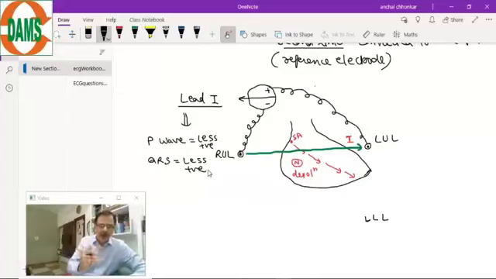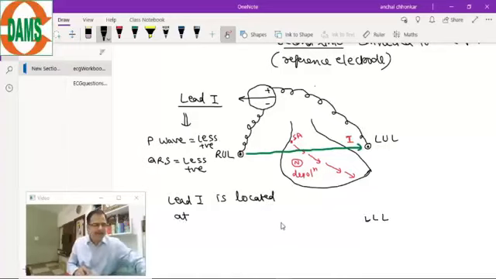Very good. Now come to the second important fundamental of this vector line, that is the location in an imaginary axis. So remember, lead 1 is located at this imaginary axis.